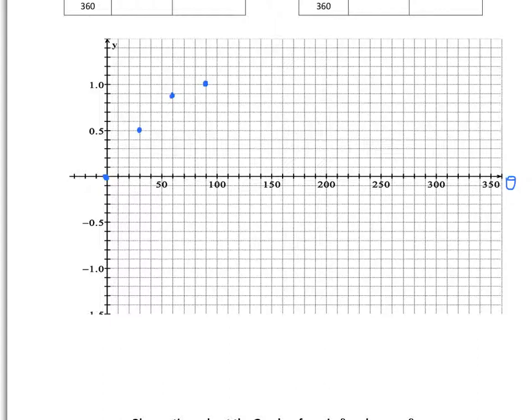Sine 120, 0.87 again. Sine 150 is 0.5. Sine 180, of course, is 0. Okay, we'll keep going. Sine 210 is negative 0.5.